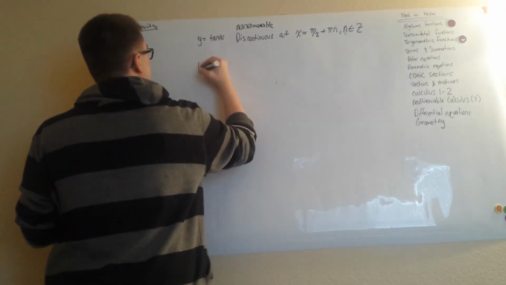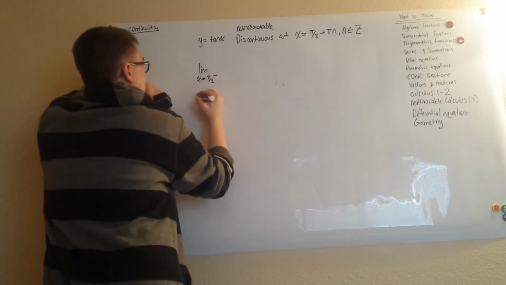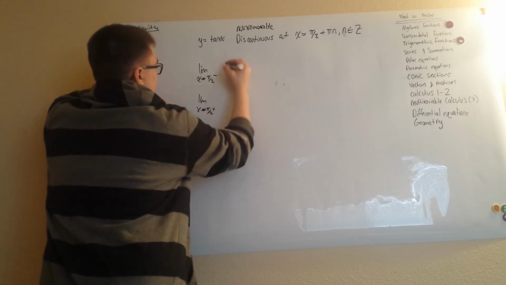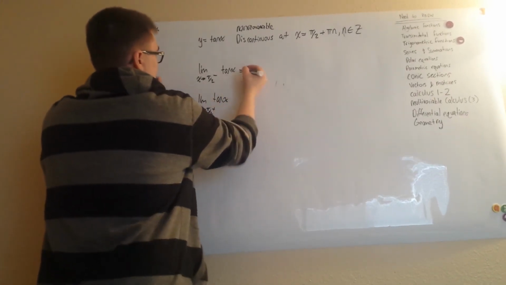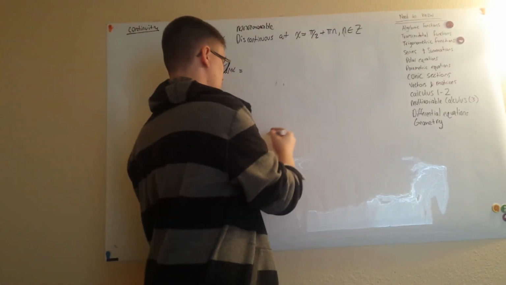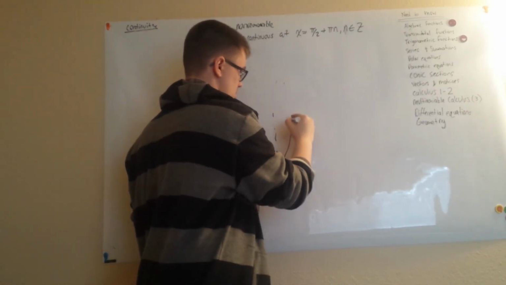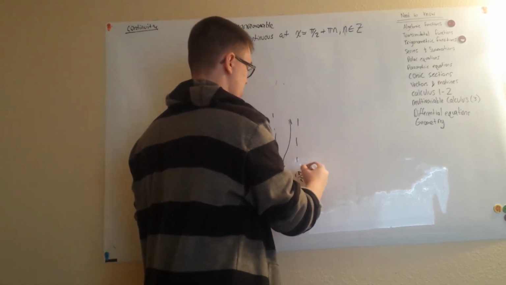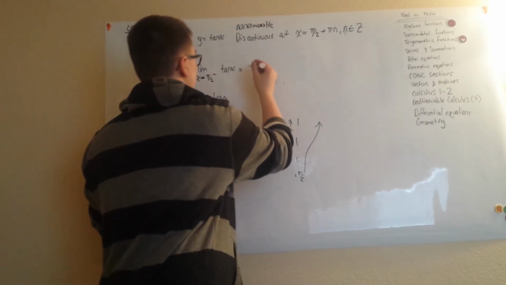And remember, the limit as x approaches pi over 2 from the left, and the limit as x approaches pi over 2 from the right of tangent. From the left side, we're going really, really high up.